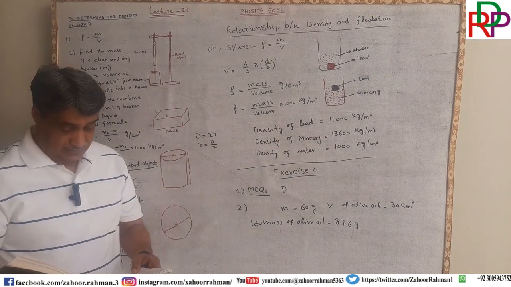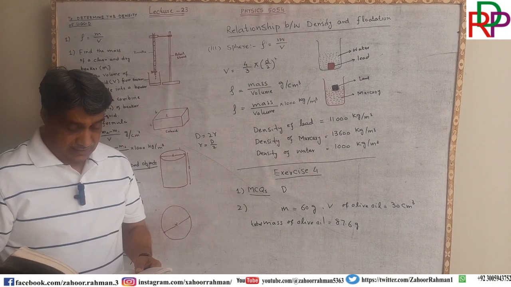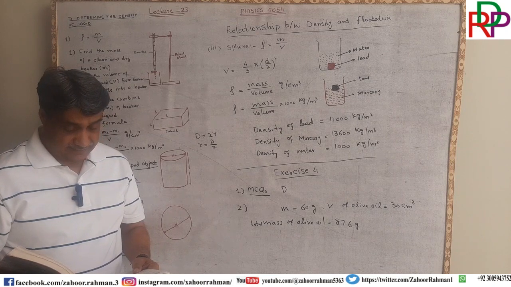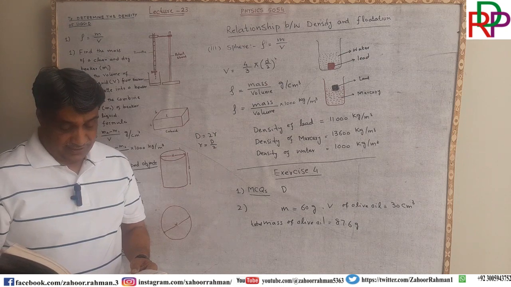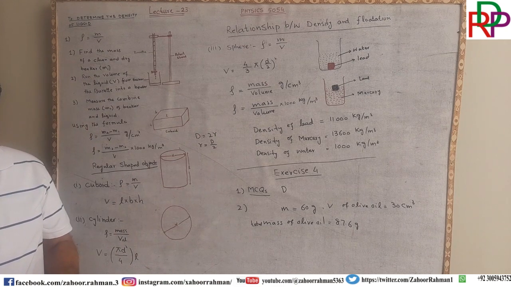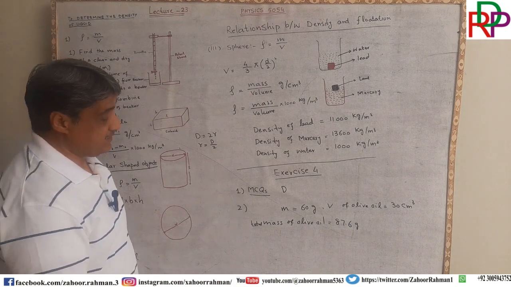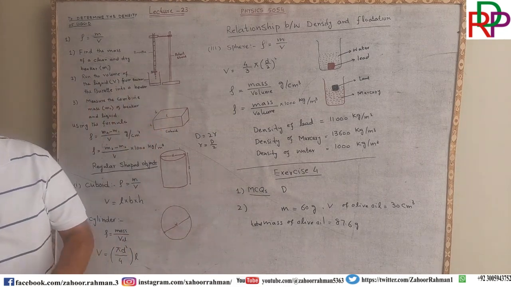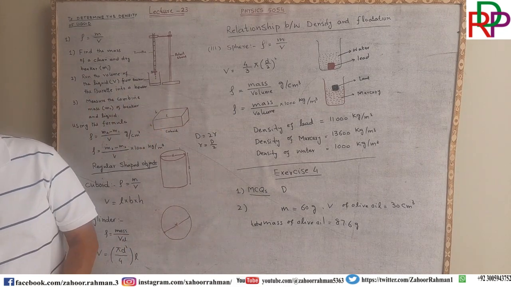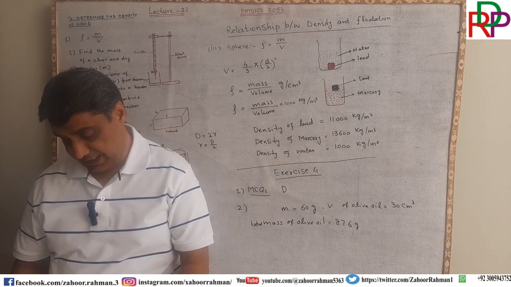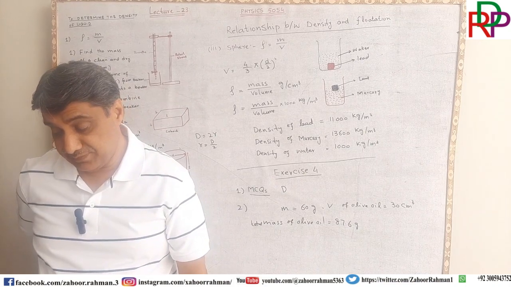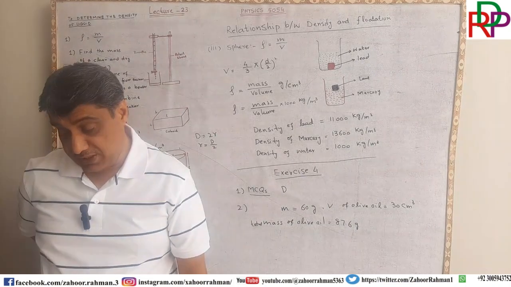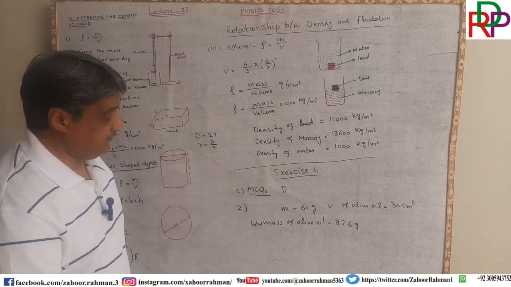Now they are asking that the density of olive oil in gram per centimeter cube is, and they have given us three options. So let us solve this question. Density is equal to mass of olive oil over volume.